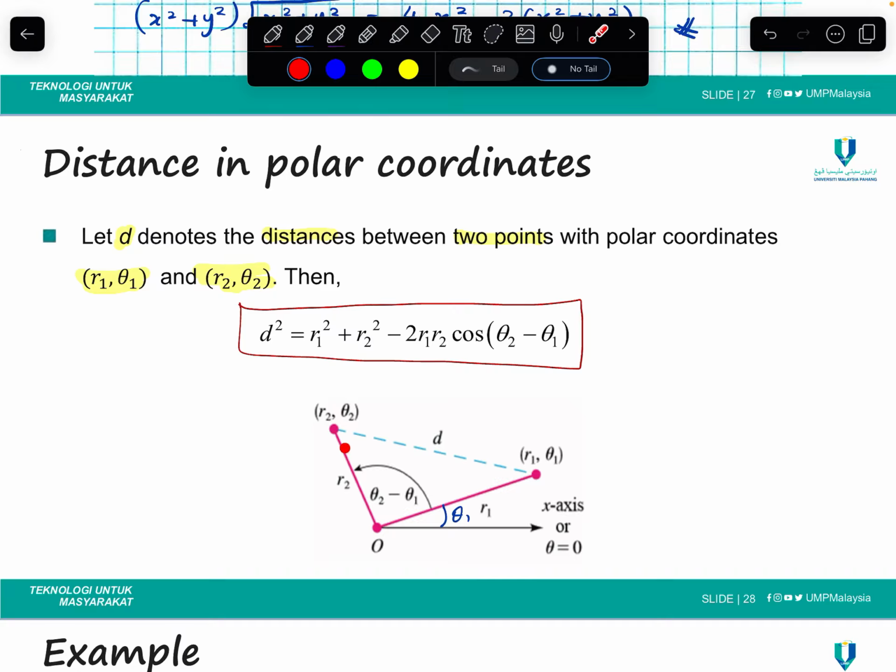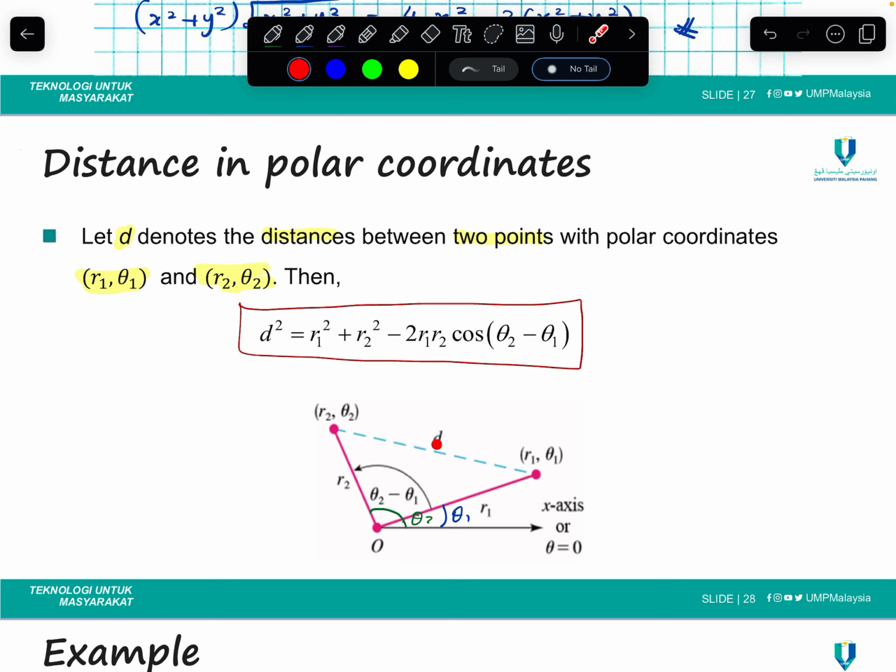Another distance from the pole R2 and the angle from 0 is theta 2. So this whole thing is theta 2. So you can measure this angle only with theta 2 minus theta 1, right? So this is the angle.